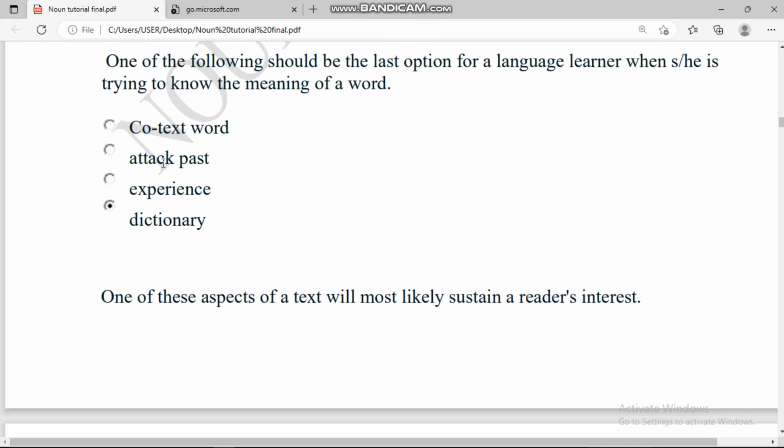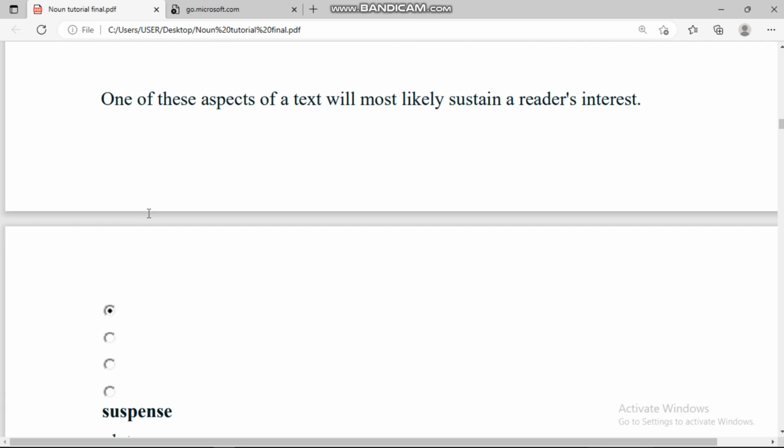The other question said one of the following should be the last option for a language learner when she is trying to know the meaning of a word. The answer is dictionary. The other one said which of these aspects of a text will most likely sustain a reader's interest?